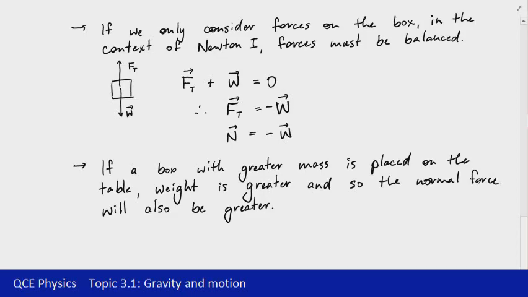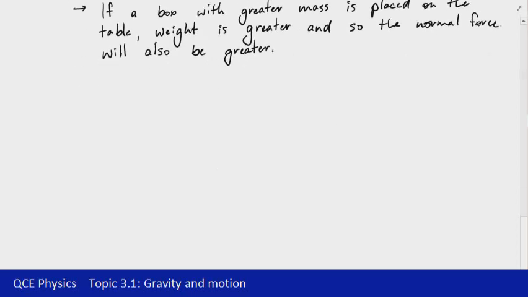If we consider then that a table obviously can't just keep having a greater and greater force on it, it's going to have a maximum force that it can apply. So we could consider it as being the maximum normal force. That maximum normal force is going to be determined by a few factors.